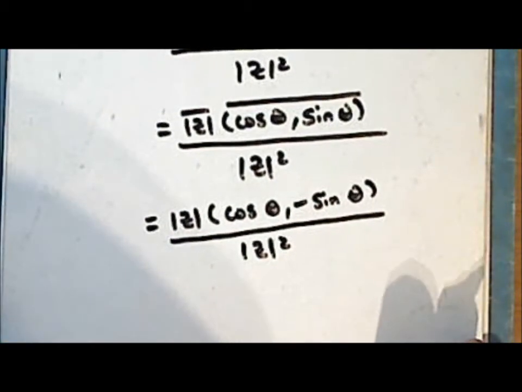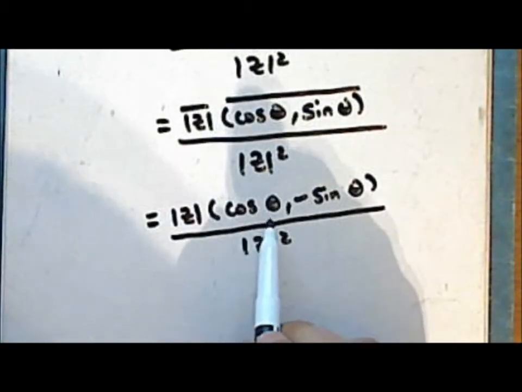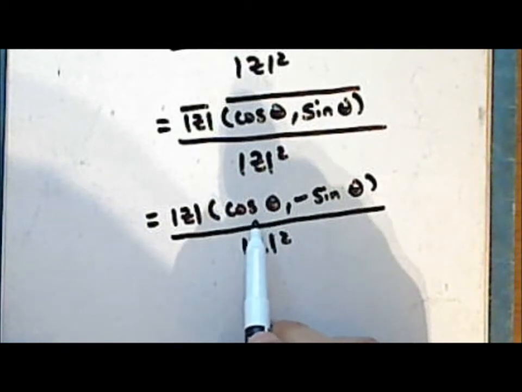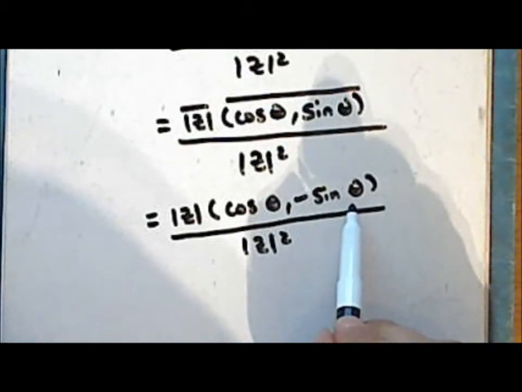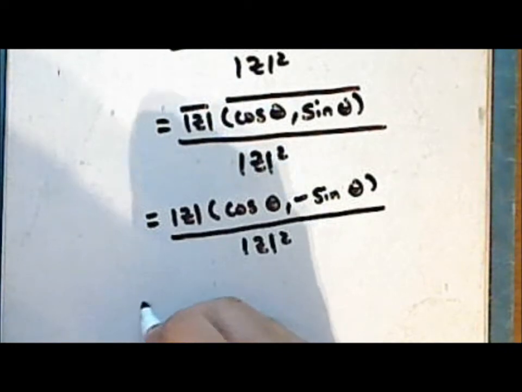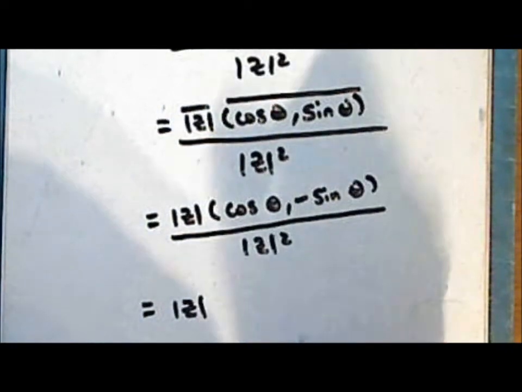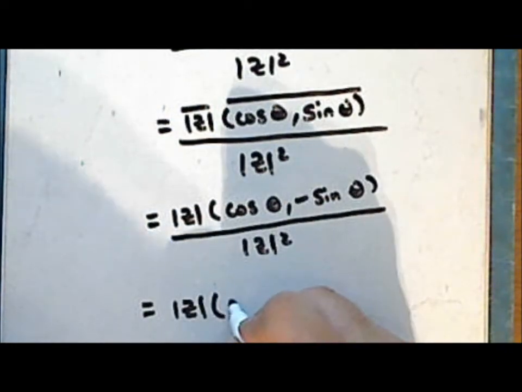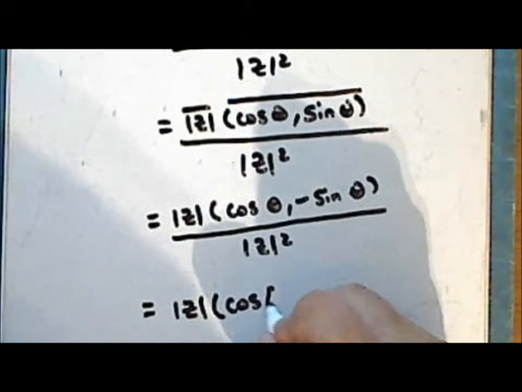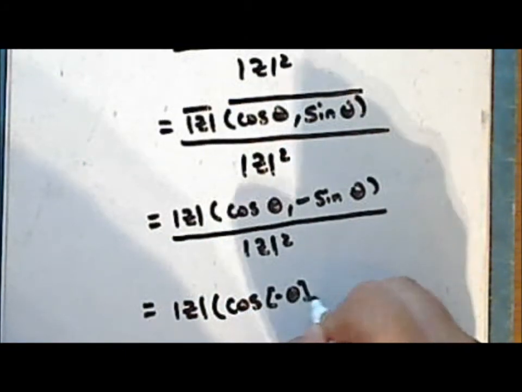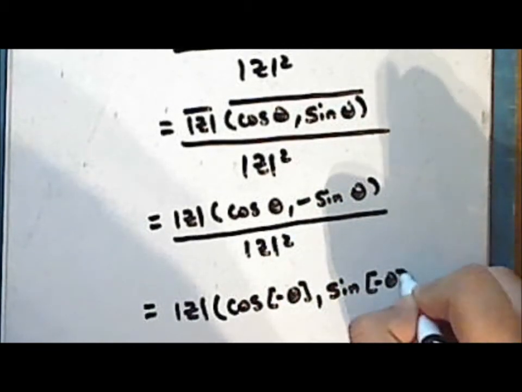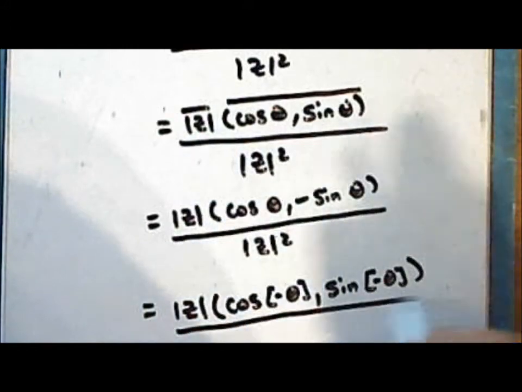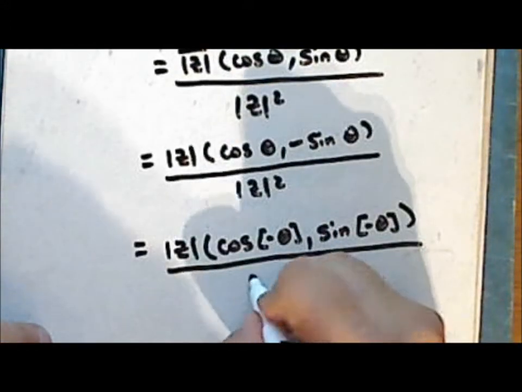Now, as cosine is an even function, cosine theta is the same as cosine of negative theta. And as sine is an odd function, negative sine theta is the same as sine of negative theta. So we have the modulus of z times the ordered pair cosine of minus theta, sine of minus theta, all of which is divided by the square of the modulus of z.